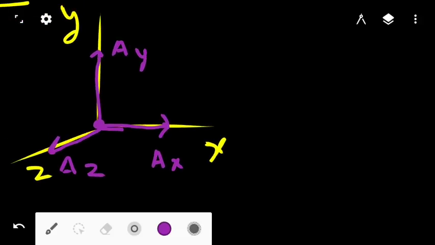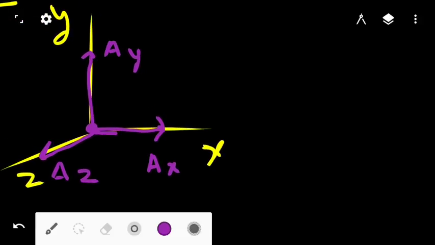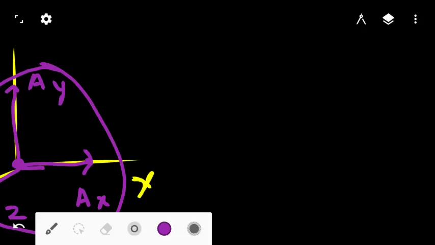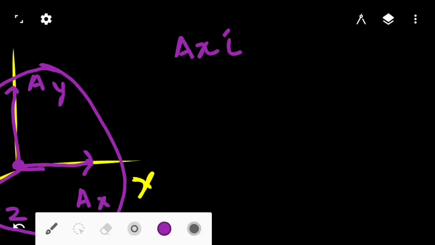If you have to represent this vector a, which includes all three of these, we can write it as ax I cap.